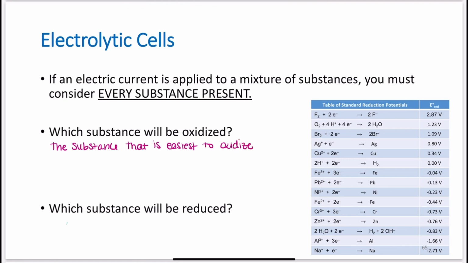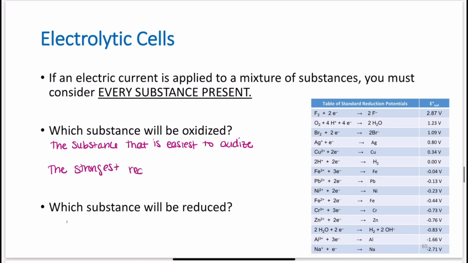What does it mean by being the easiest to oxidize? Well, oxidize wants to lose electrons, right? So who's the most willing to lose an electron? The strongest reducing agent. Which substance will be reduced?